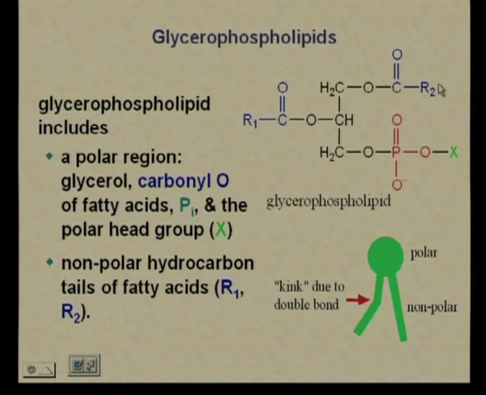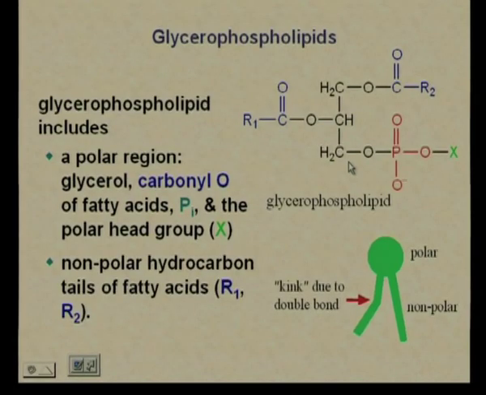We have one fatty acid linked on the first carbon, and a second carbon linking another fatty acid. So, obviously, we can change the type of fatty acid. As soon as I change the type of fatty acid, the type of lipid is going to change. Then, I have an esterification on the third carbon atom with phosphate and I have a polar head group here, which we will see how that affects it.